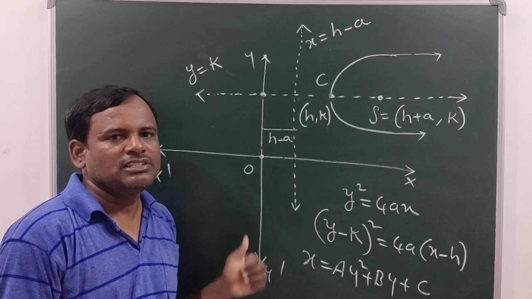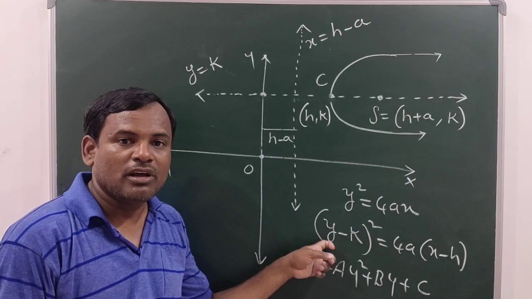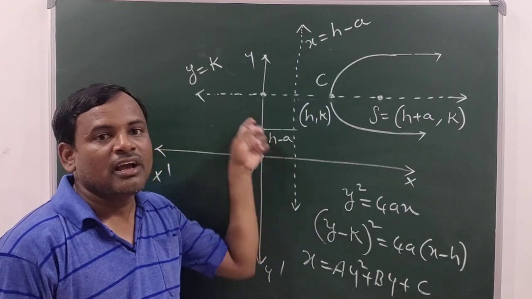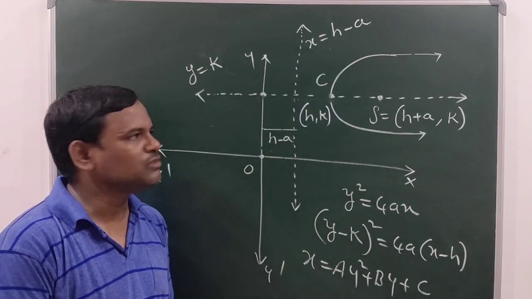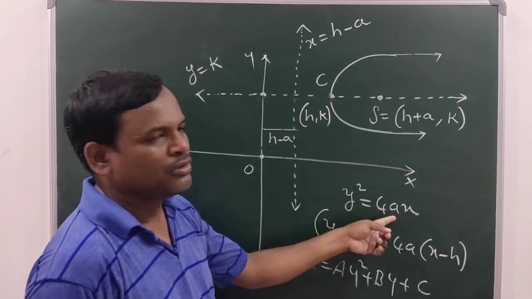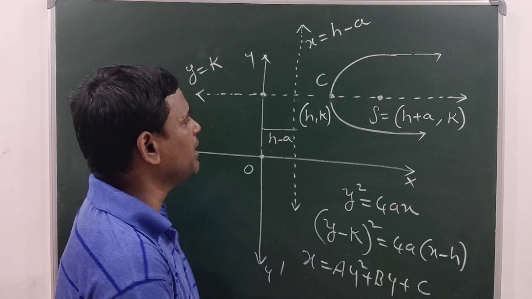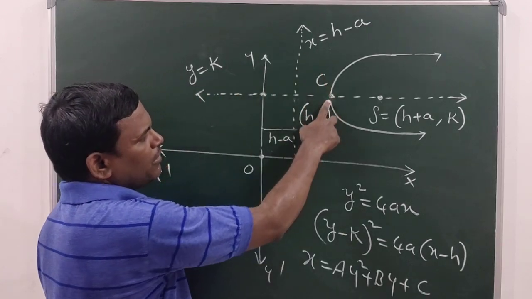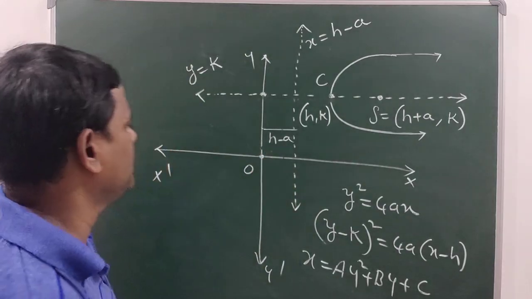So this is the equation of a parabola in which the axis of the parabola is parallel to the x-axis. Here also, if a is positive, you get a parabola opening this side. If a is negative, this parabola will open this side. Observe that point.